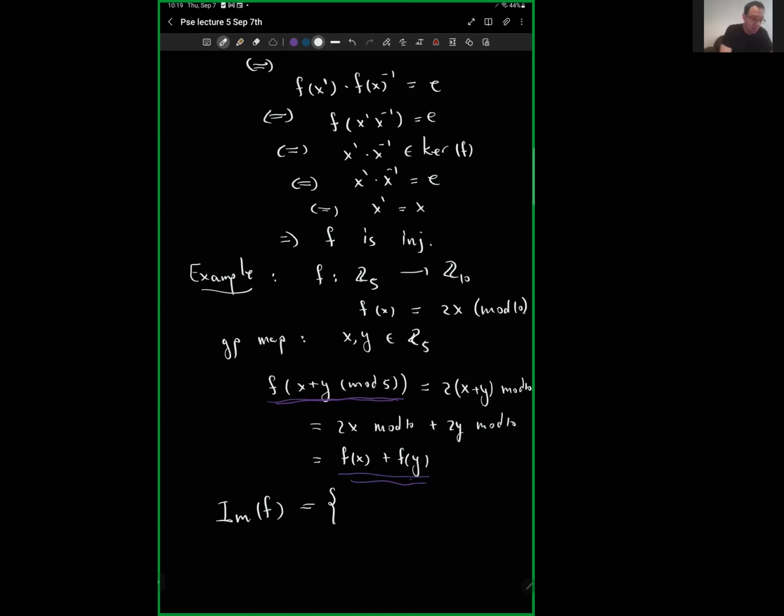Well, is every integer modulo 10 of the form 2x? Oh no, I see. So it's just half of it. But which half? The even one? Exactly. So this is the set of 0, 2, 4, 8. Sorry, 6 is missing.